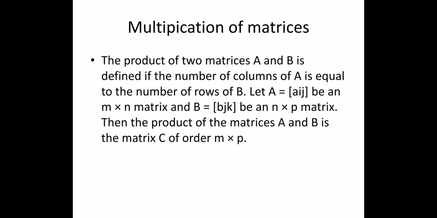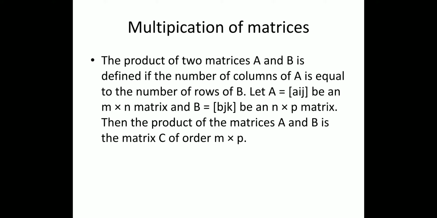So here I take two matrices A and B, and I suppose that the order of A is m by n and the order of B is n by p. Then the number of columns of A, which is n, is equal to the number of rows of B, which is also n.